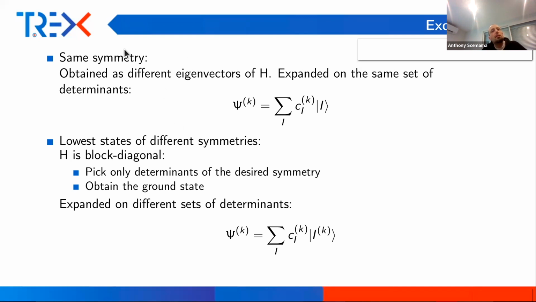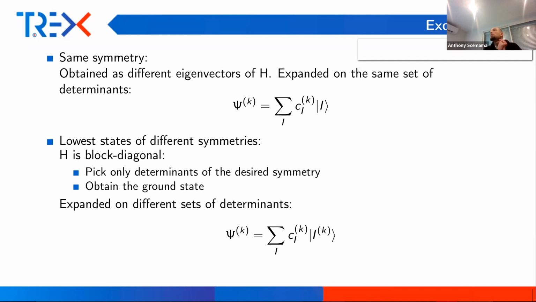It's harder to get an excited state of the same symmetry as the ground state, because if you have a bad description of the lowest state, you will also describe badly the excited states because they are orthogonal to each other.